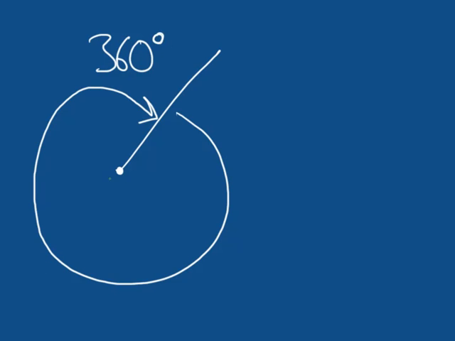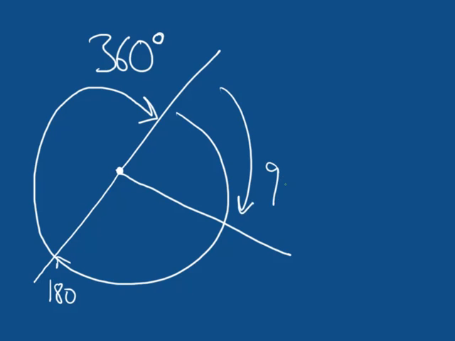Logically, therefore, half a rotation is going to be 180 degrees because we need to rotate through half of the angle that we would for a full rotation. Again, logically, a quarter rotation is going to be 90 degrees. And that's really all there is to degrees. One full rotation is 360 degrees.